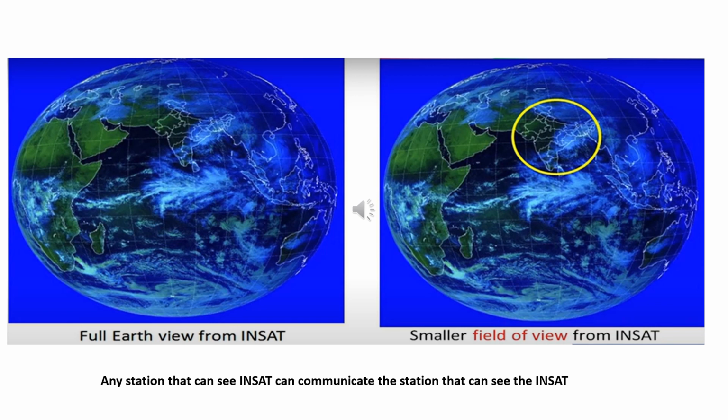Once again, if any station wants to communicate with another station, these two stations should see the satellite for better communication. Now, if we don't want to communicate over all the area, if we want to cover India itself, then we need some smaller satellite. That will be known as microwave visibility area.